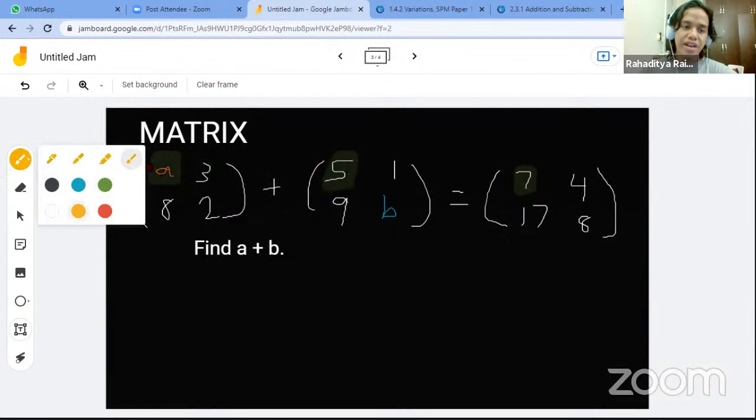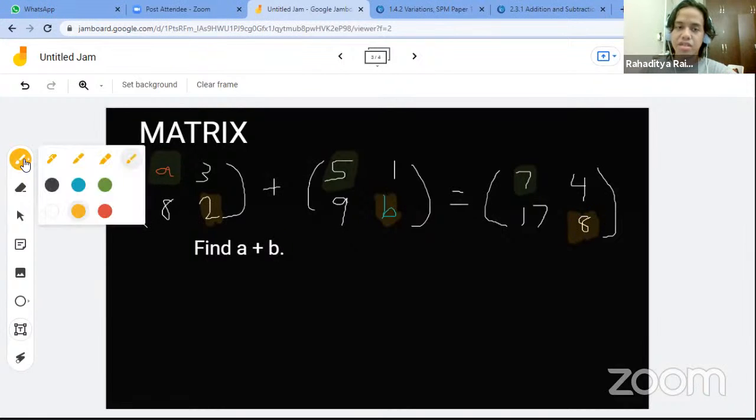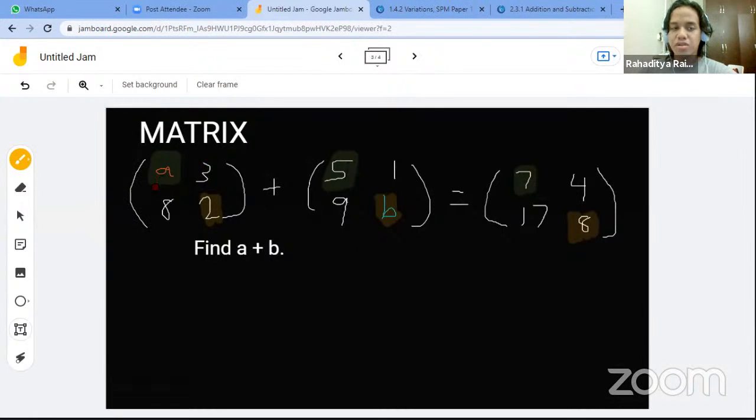And the next one we have 2 plus B is equal to 8. So now you can calculate A and B separately. Just remember, whenever you're calculating addition, make sure you add the elements in the same spots.